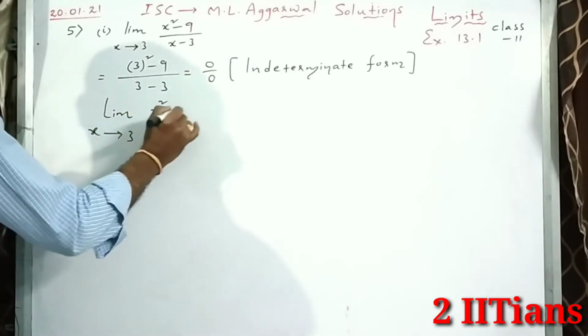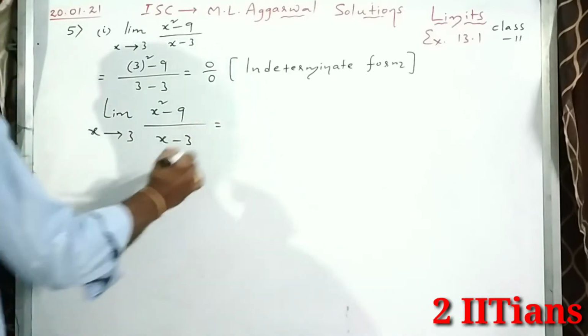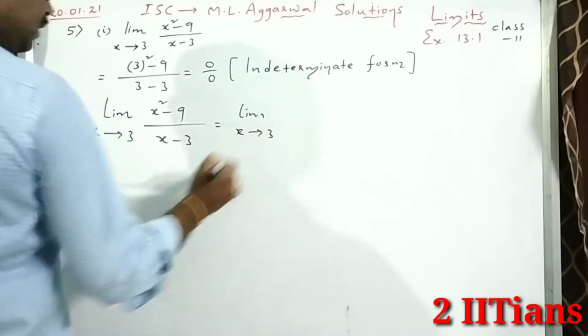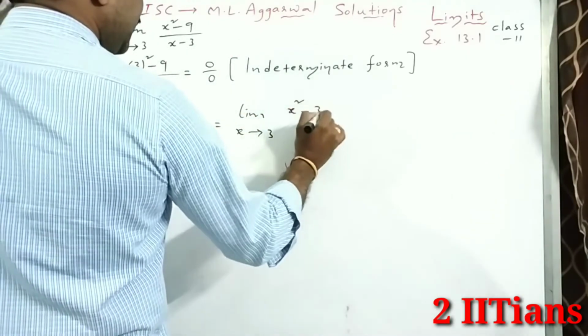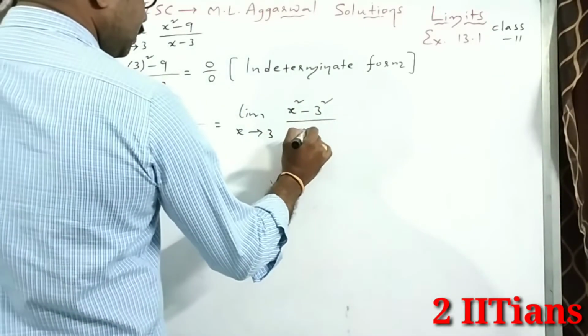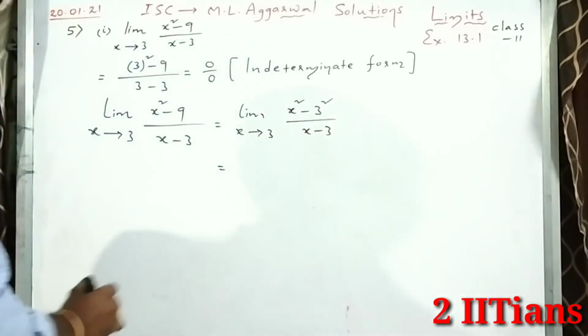Let me see the procedure here. x square minus 9 upon x minus 3. Can I write 9 as 3 square, upon x minus 3?